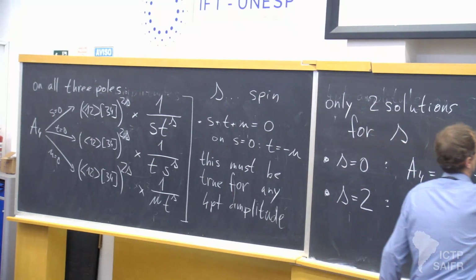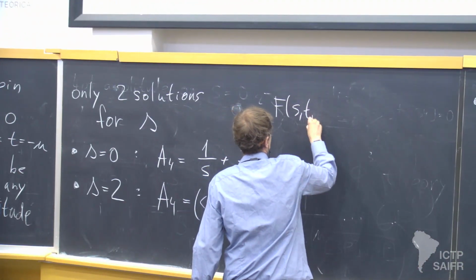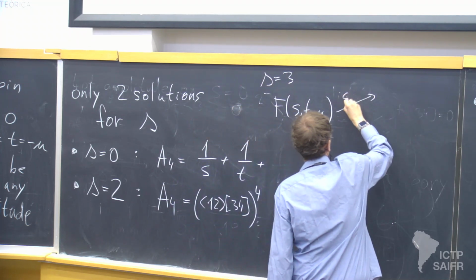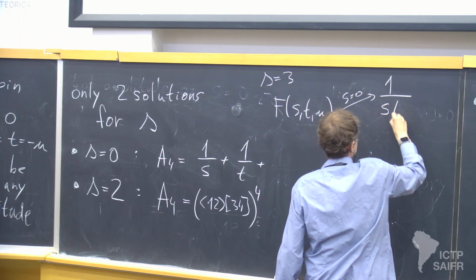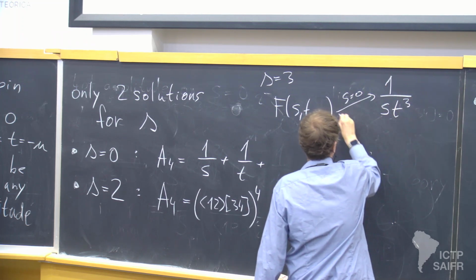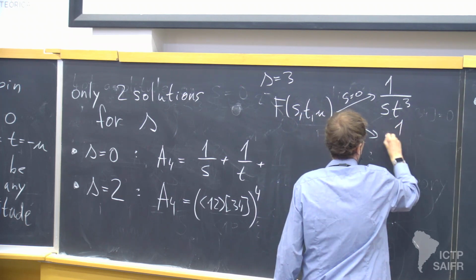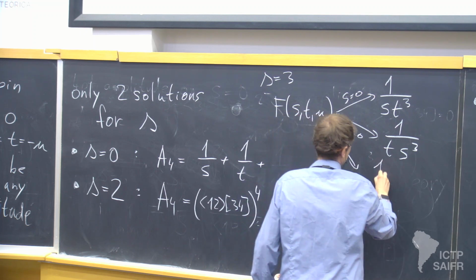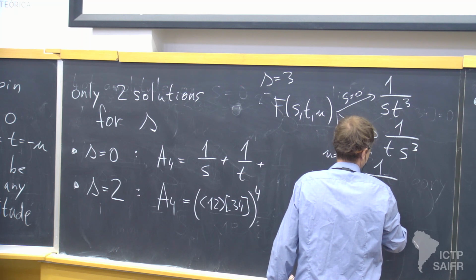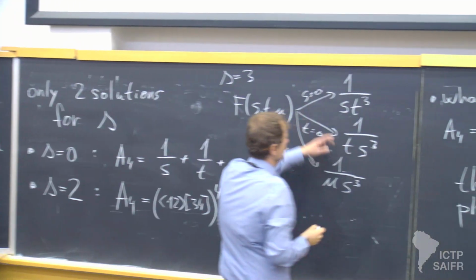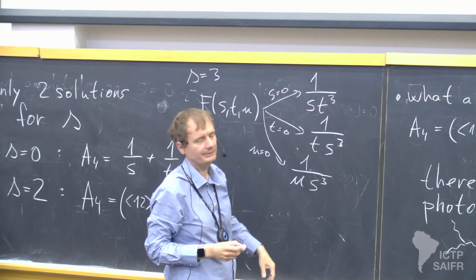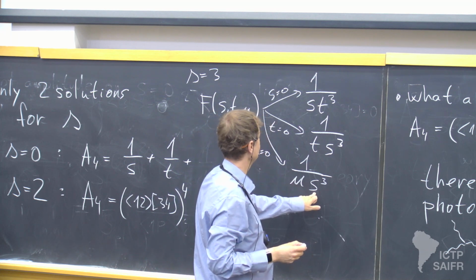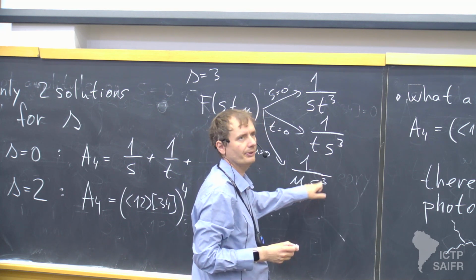But you need some function of S, T, and U. Let's say for spin 3, which on the S channel gives you 1 over S T cubed, on the T channel gives you 1 over T S cubed, and on the U channel gives you 1 over U S cubed. We said that on each channel, the other 2 variables are the same, so how you write it exactly doesn't matter. On the U channel, S and T are the same, so I can write T cubed or S cubed.